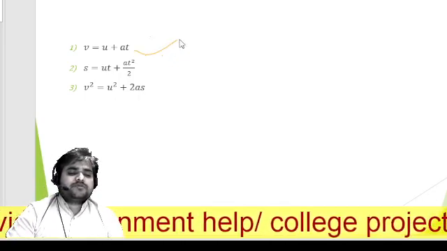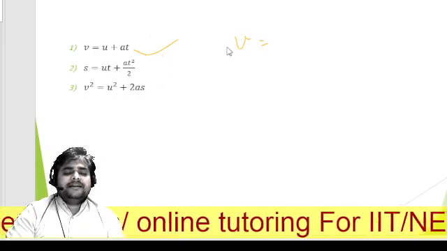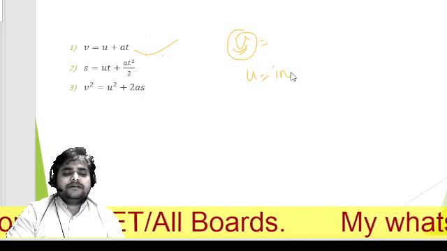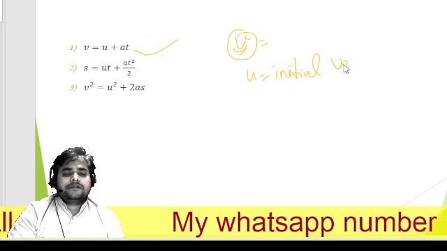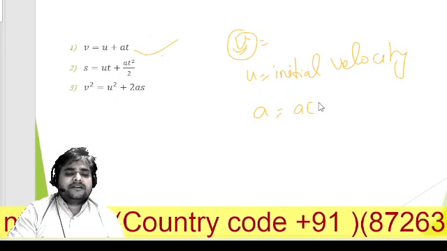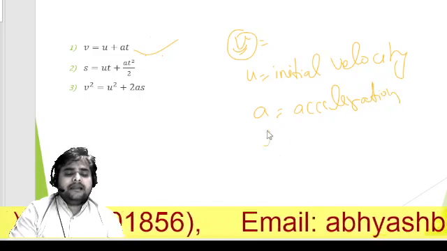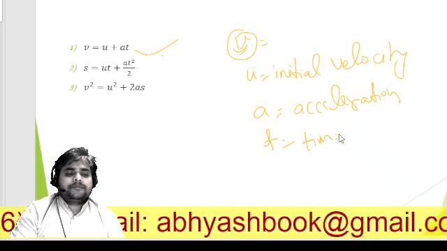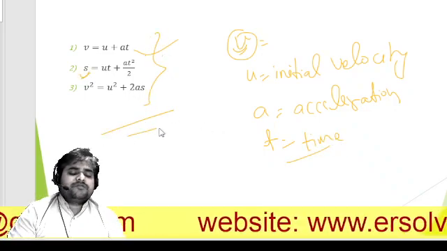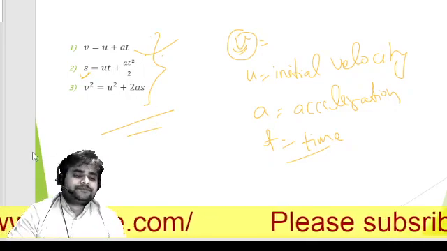The first equation of motion is v equals u plus at, where v is the final velocity of the object, u is the initial velocity, a is the acceleration of the object, and t is time. These are the three equations of motion which we are going to use in this projectile motion concept.